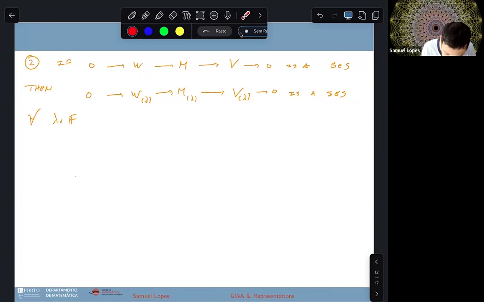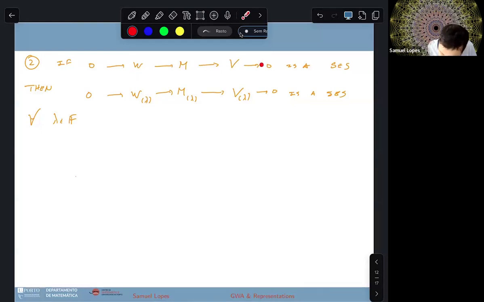And exactness at a point means that the image of this homomorphism is equal to the kernel of this homomorphism. So for example here, the image of this homomorphism is 0, which must be equal to the kernel of this homomorphism. So the kernel is 0, which means that the first one is injective.